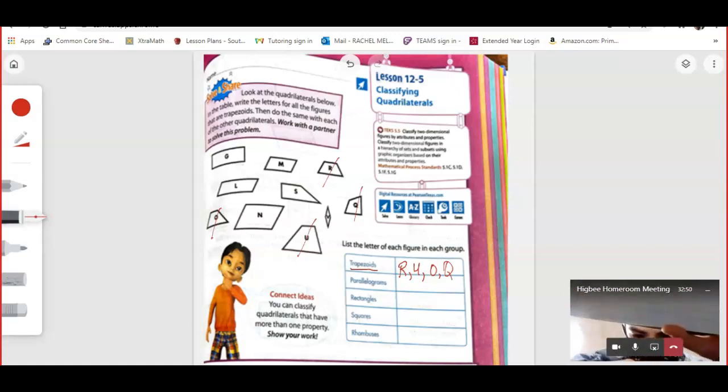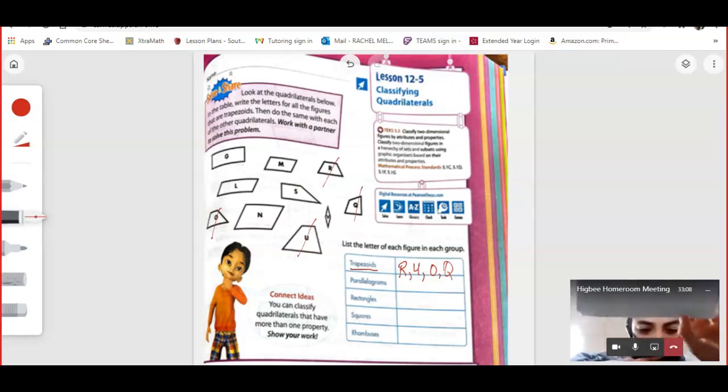No? Let me say it again. Parallelogram. Do you need to phone a friend?